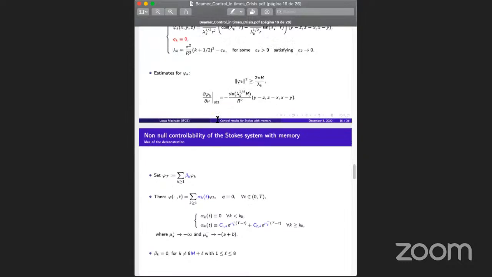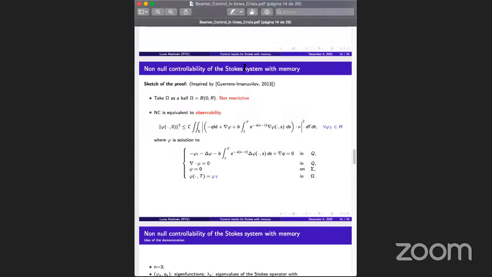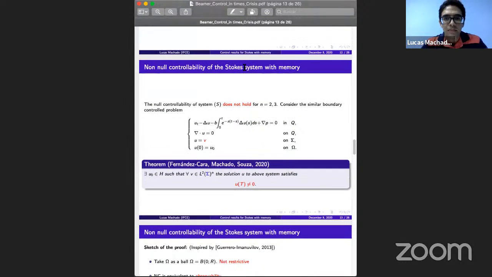That's Morgan, so he cannot use the microphone. Here we consider u0 in H and the control v in L2. Then we have the solutions in the transposition sense.